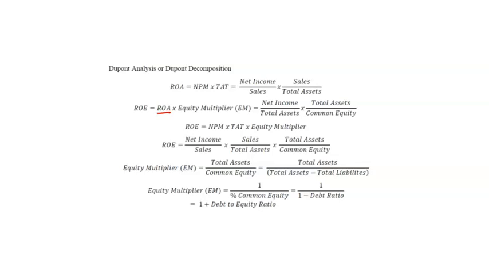So the equity multiplier is down here. It's either 1 divided by the percent of common equity, or 1 divided by 1 minus the debt ratio. It's also 1 plus the debt to equity ratio. Also, we don't need it for this problem, but total assets divided by common equity.